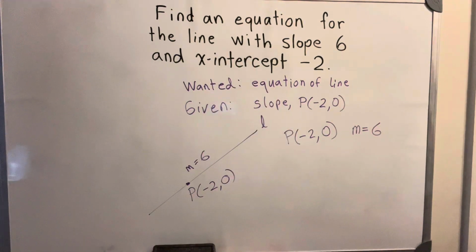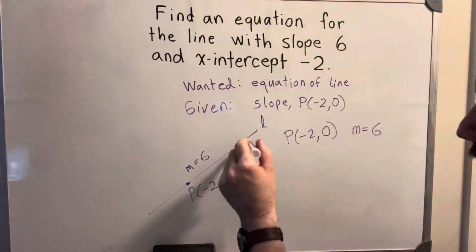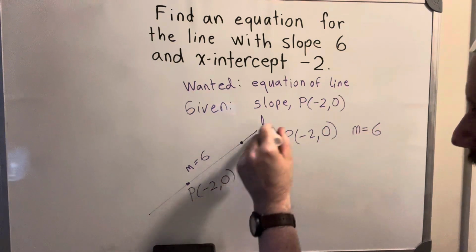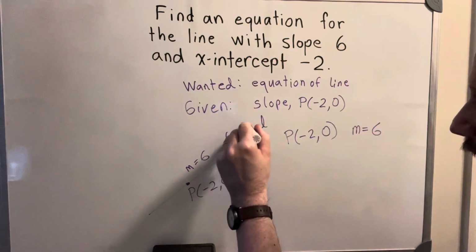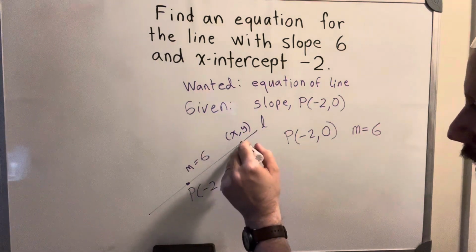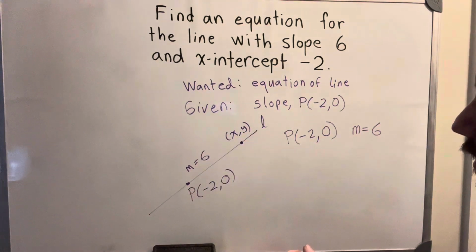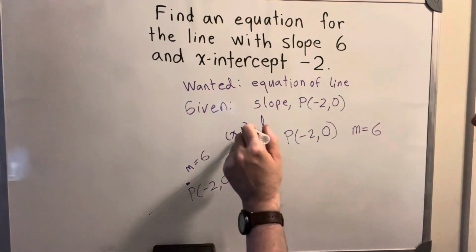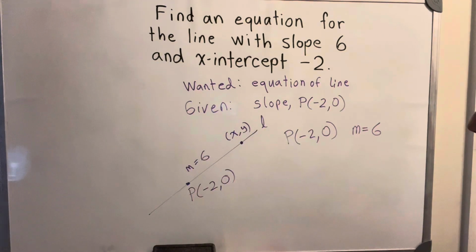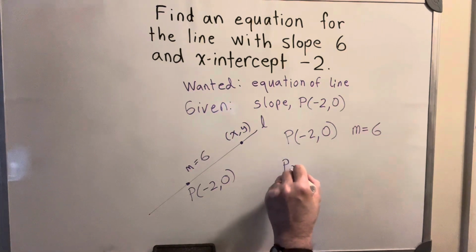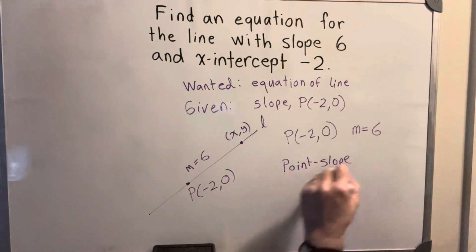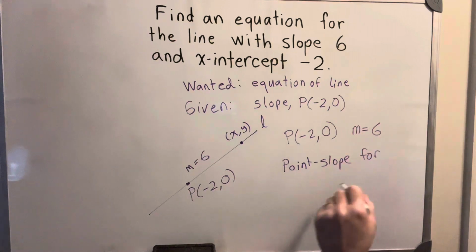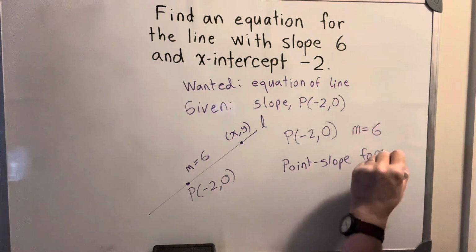You want to know how to calculate some other point on this line, any other point, but let's say the point you're interested in, where we use x and y as the coordinates of some other point on this line. This type of equation is called the point slope form.